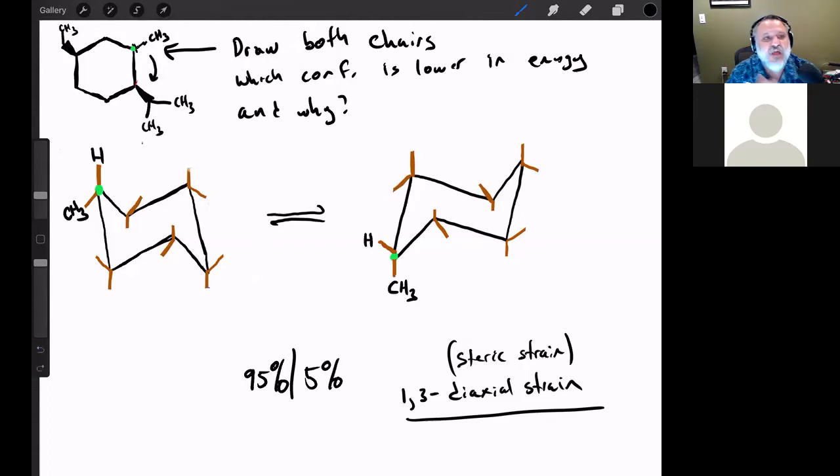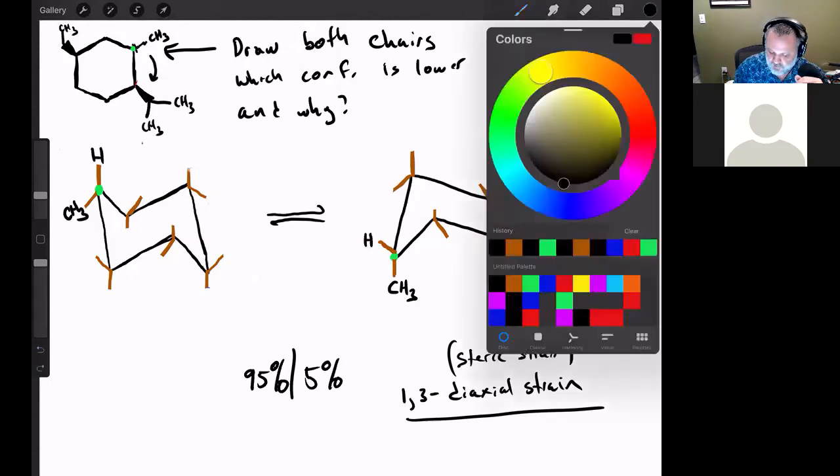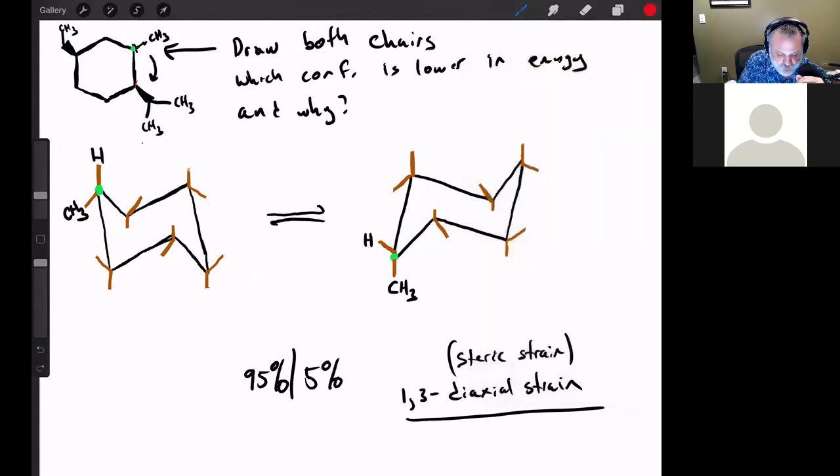So what's the next atom over clockwise around the ring? Well, if it's this atom, then going clockwise around the ring means that I get to this atom. So now that I'm there, I want to put the isopropyl group in the correct location in order to be consistent with the two drawings. The isopropyl group in the flat projection, the skeletal structure, is pointing up because it's on a wedge.